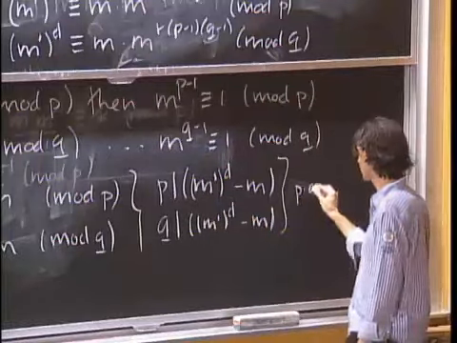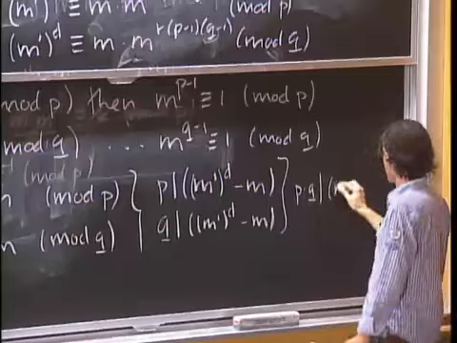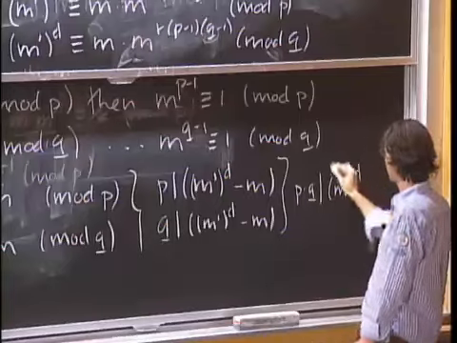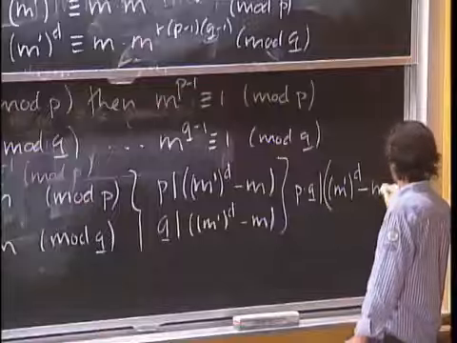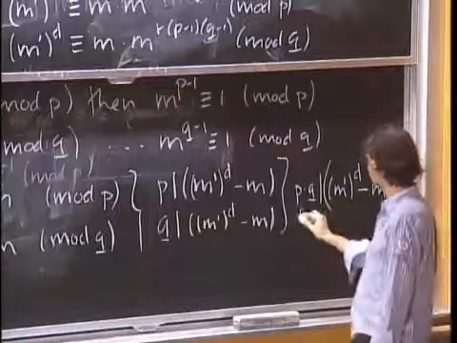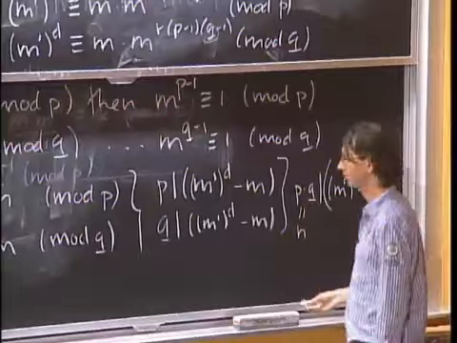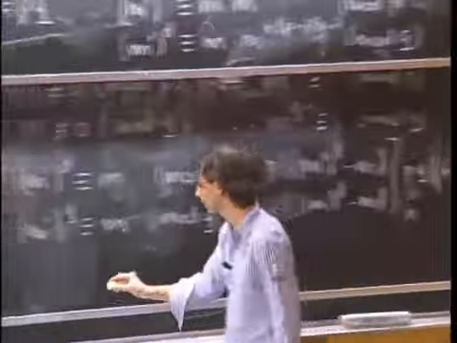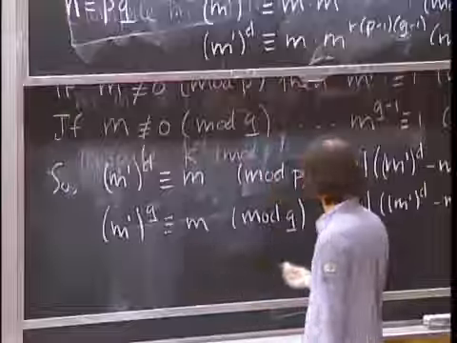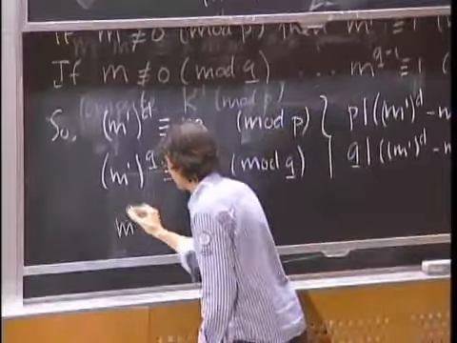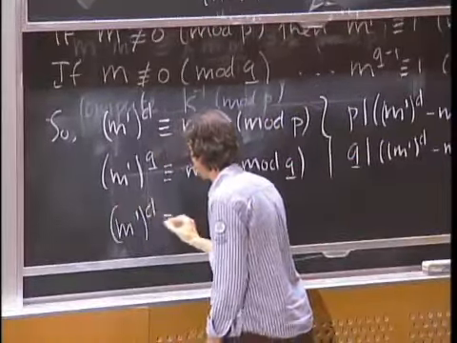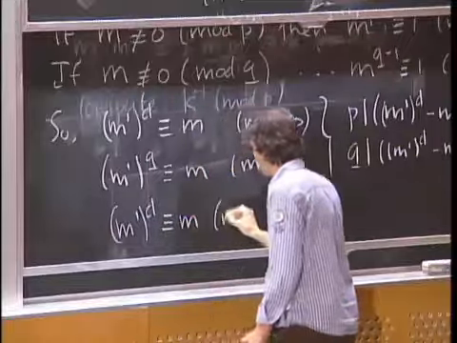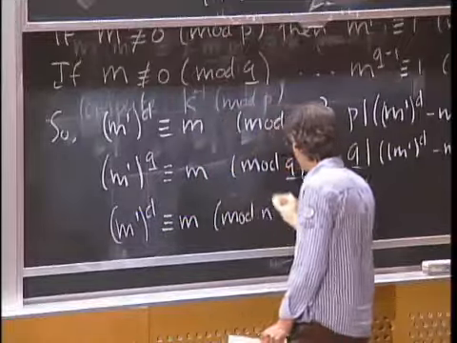So p times q divides m prime to the power d minus m. Oh, but p times q is equal to n. So now we're almost done, because now we can state, by the definition of congruency, that m prime to the power d is congruent to m modulo n.